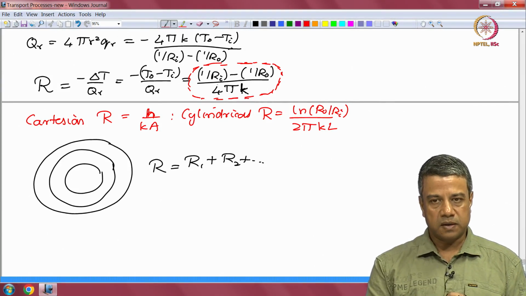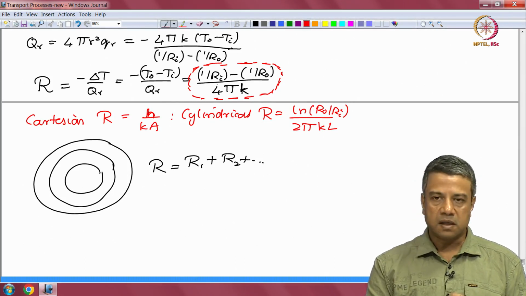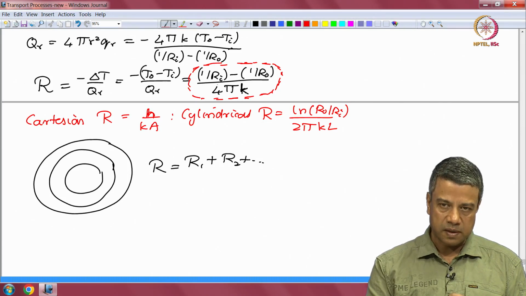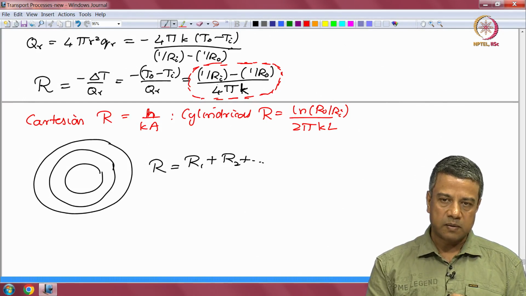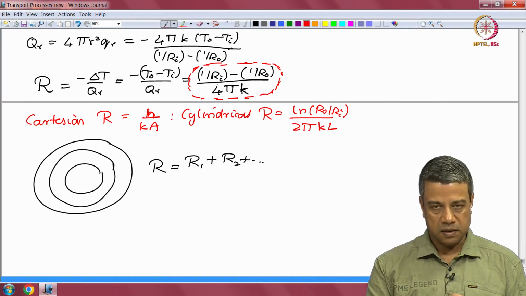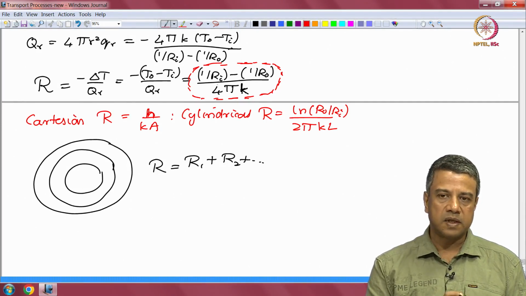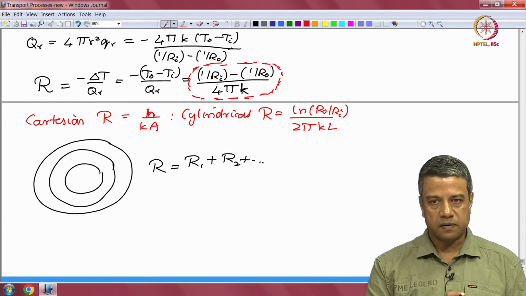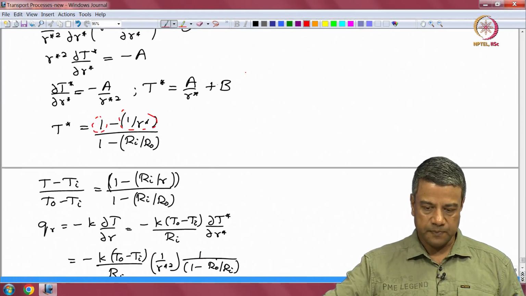Similarly, for a spherical coordinate system, I had derived for you only the concentration and energy balance equations. It turns out that momentum balance is more complicated, because momentum is a vector. You can have momentum along the radial direction, of course, but you can also have momentum around the axis in two different directions. And therefore, I derived for you only the equation for mass diffusion and for heat conduction.